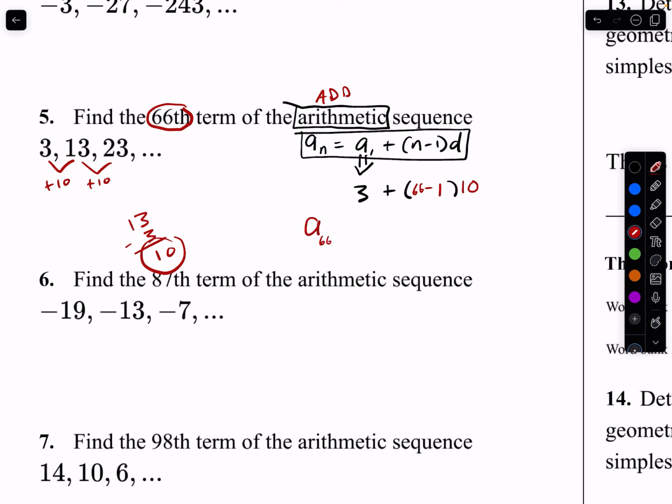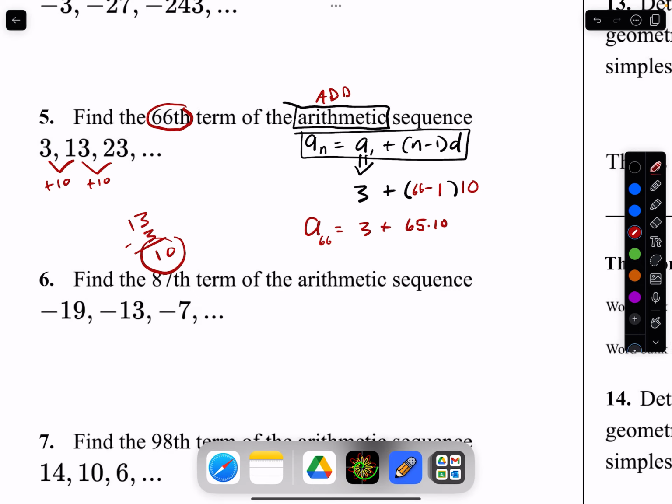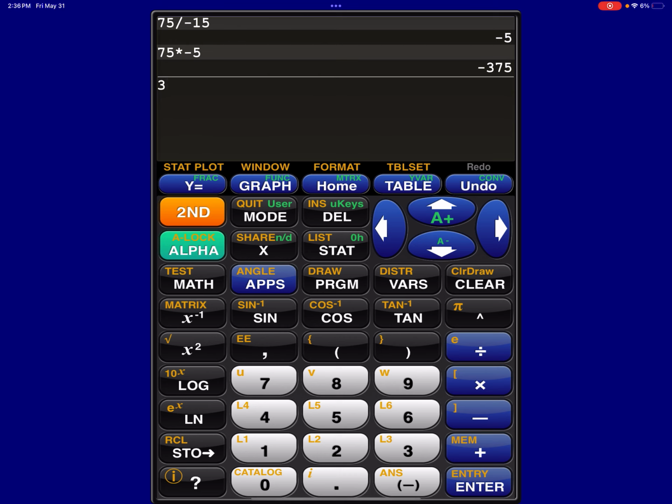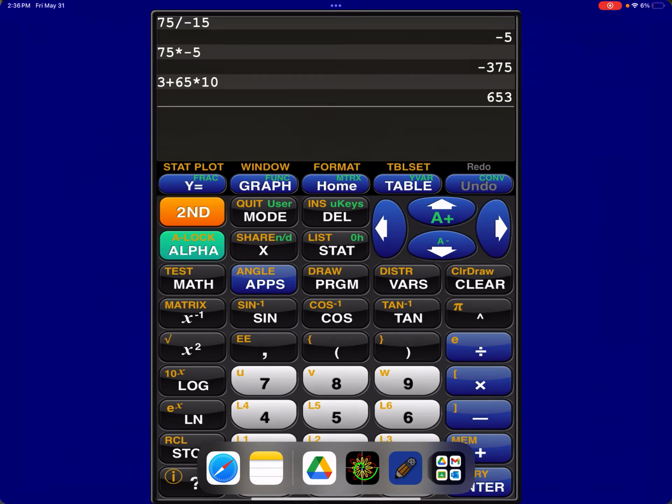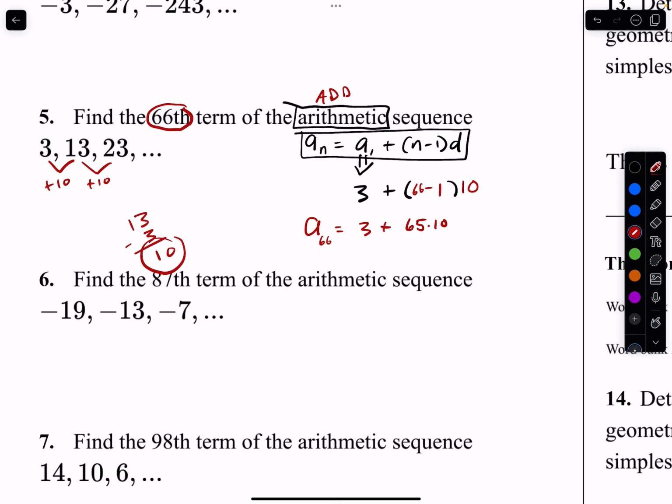It means the 66th term is 3 plus 65 times 10. And again, jump right into your calculator, right? So we're going to get 3 plus 65 times 10. And that would give us the 66th term is 653, right? So you would say the 66th term is 653.